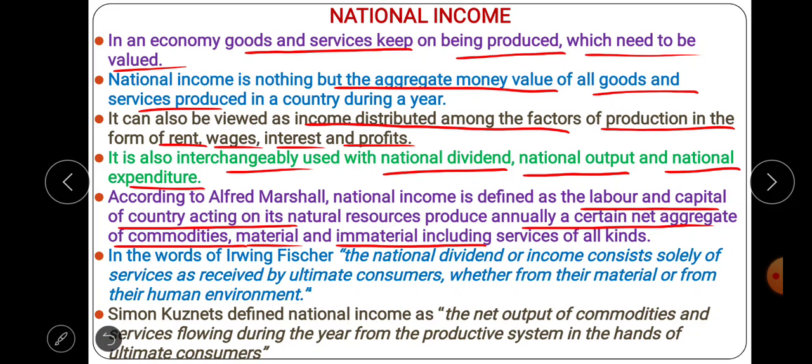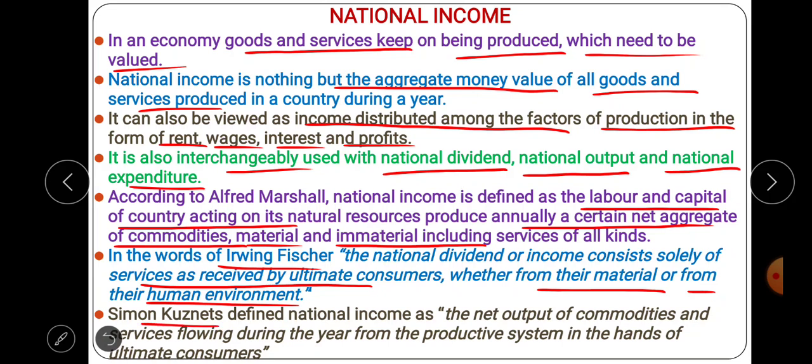Then in the words of Irving Fisher, the national dividend or income consists solely of services as received by ultimate consumers, whether from their material or from their human environment. Then there is another definition of national income given by Simon Kuznets.